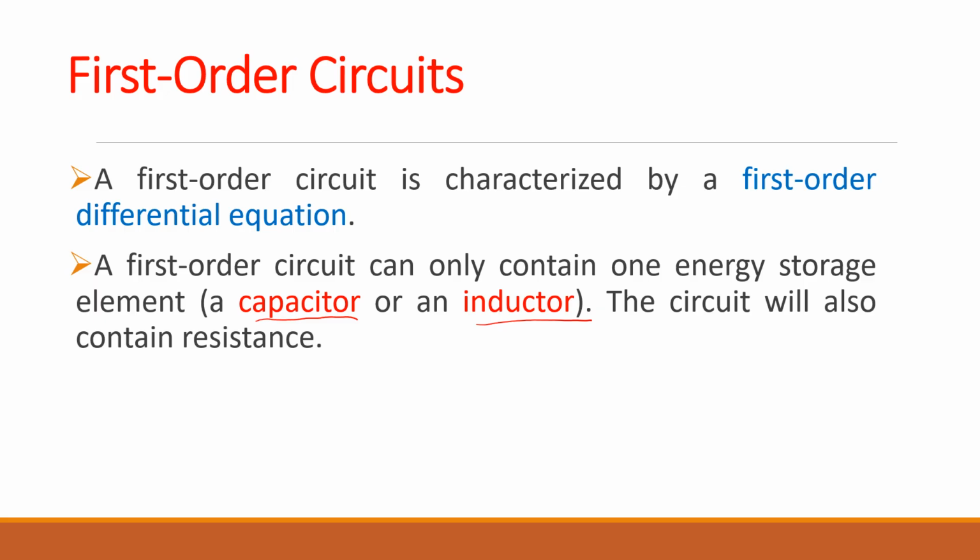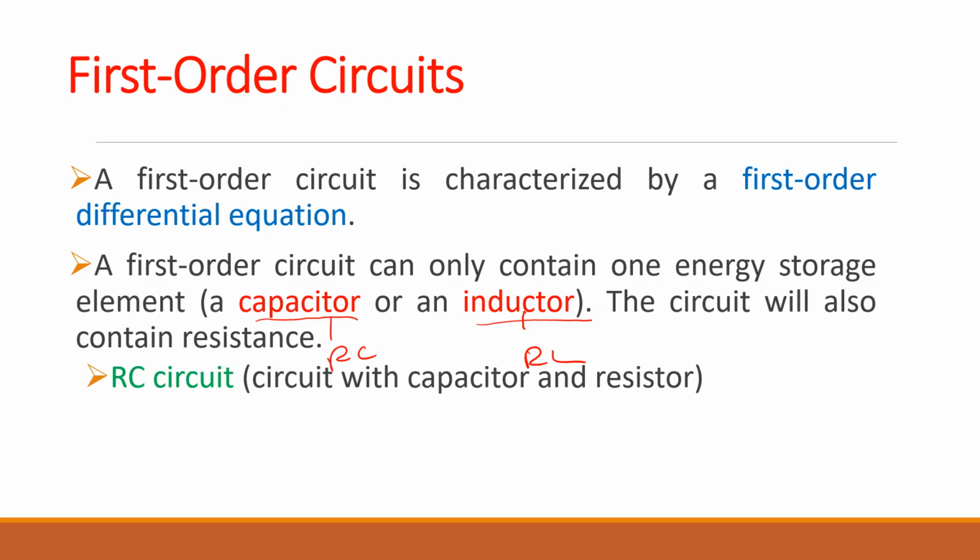When we have a circuit with capacitors and resistors, we call that an RC circuit, and when you have inductors and resistors together, we call that an RL circuit. We are not discussing both together here. We only consider one capacitor or one inductor in a circuit.